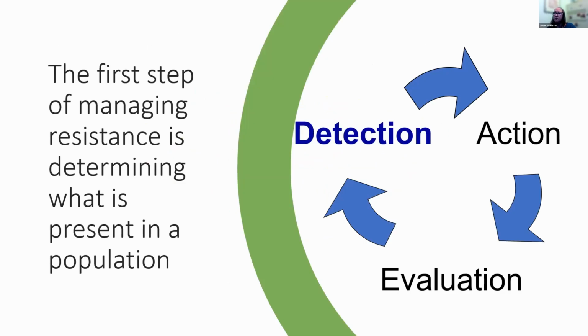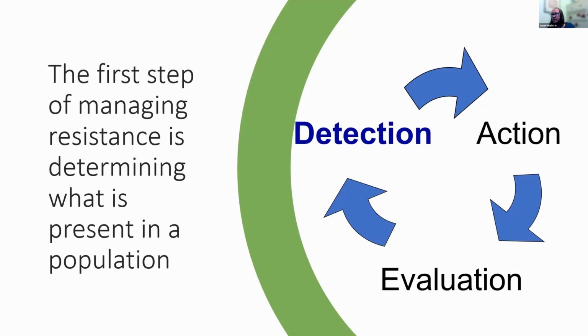And just detecting resistance itself isn't always going to give you a clear answer to what you should do for managing it. So really the first step of managing resistance, it's kind of this iterative cycle where you go out and you do testing and you detect it. Based on that detection, you may or may not take an action to mitigate the resistance or to try and prevent it from developing. And then you evaluate, was that action effective?